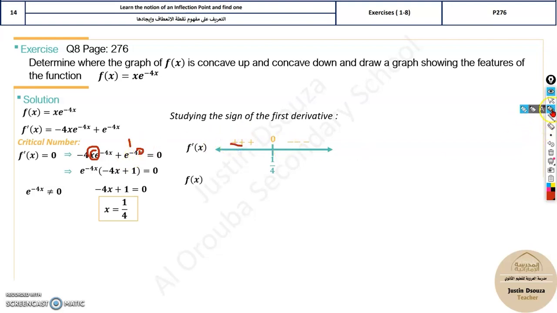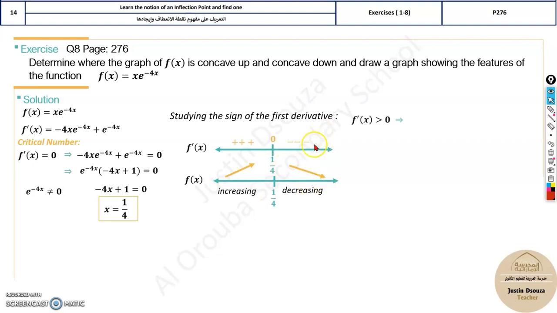So it's positive. And greater than 1/4, you need to substitute over here. It'll become negative, I believe, because this minus sign prevails. And whenever you add, this will be greater because you're multiplying this, so the answer will be negative because of the minus sign. And then now we come to know this is increasing at the left side of the critical number and decreasing at the right side of the critical value.